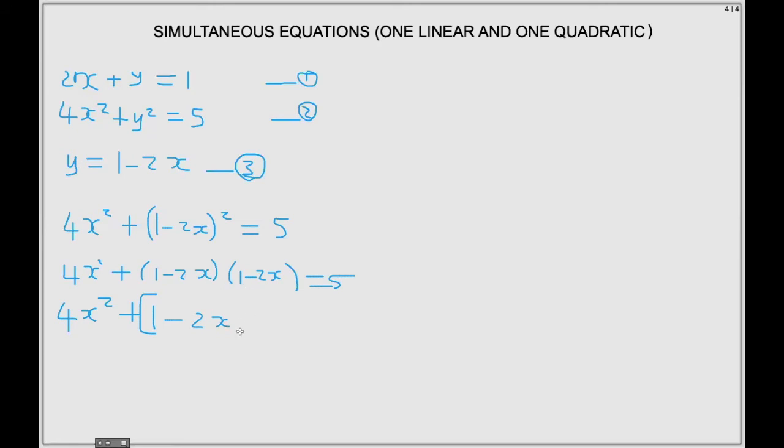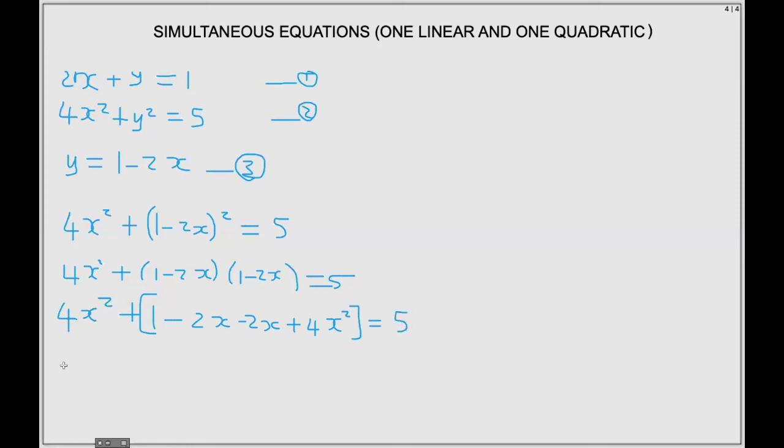Minus 2x times 1 gives us negative 2x. Minus 2x times minus 2x gives us positive 4x squared. Close the bracket, equal 5.